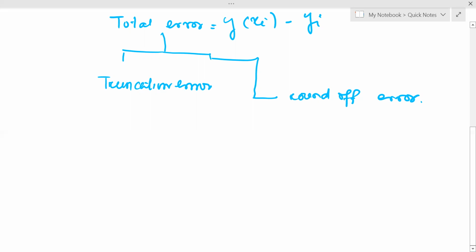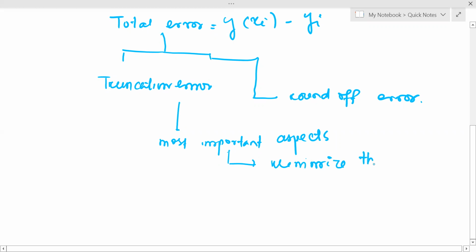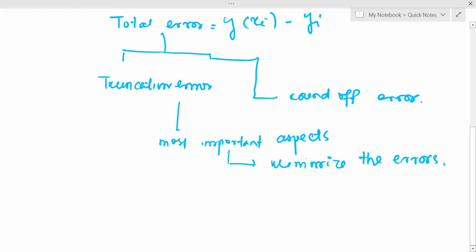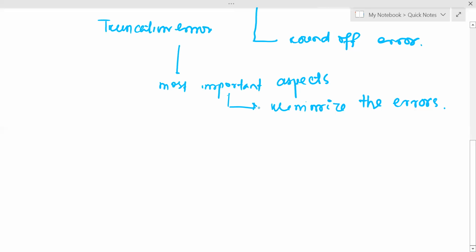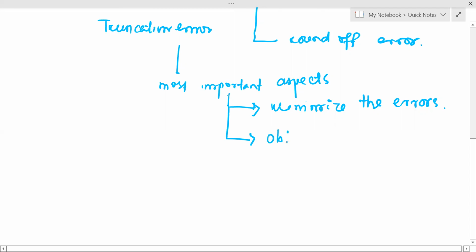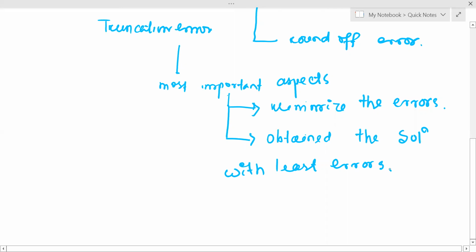To minimize the errors, and obtain the solutions with least errors.